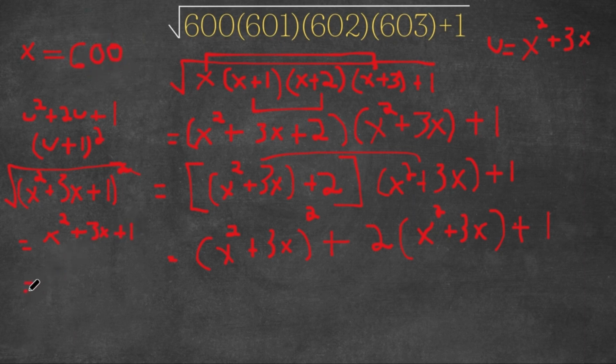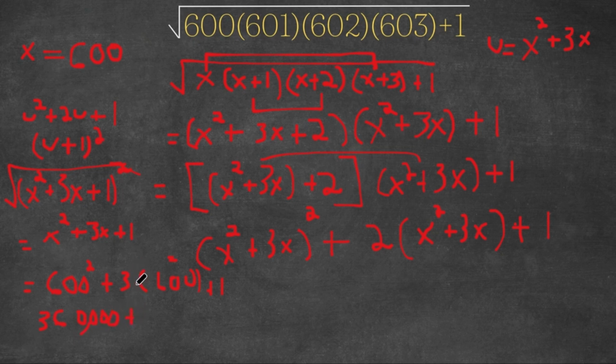So this would equal 600 squared plus 3 times 600 plus 1. Now, 600 squared, this is 36 with 4 zeros, so 360,000.